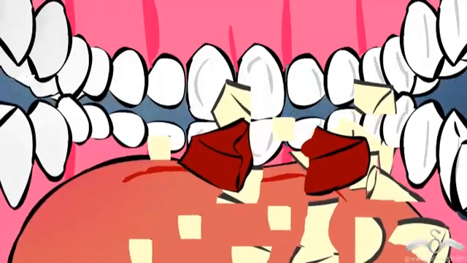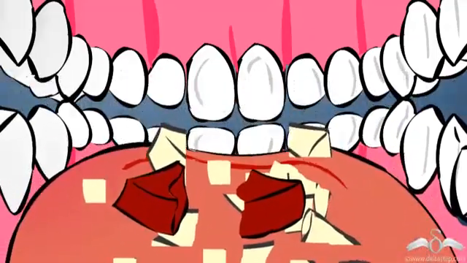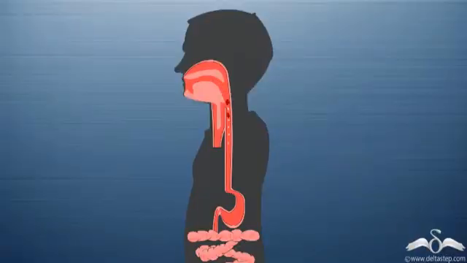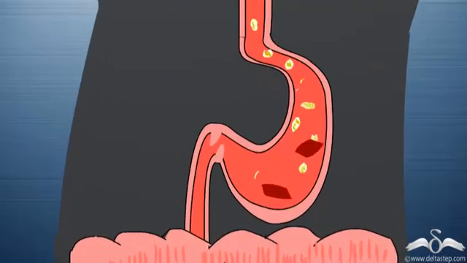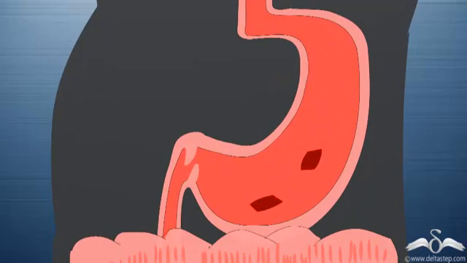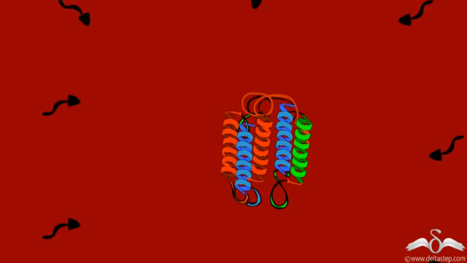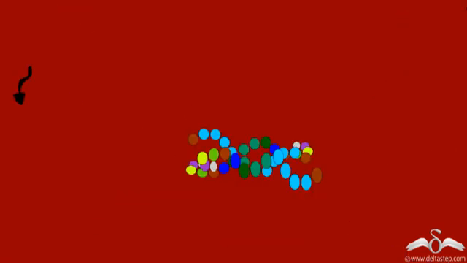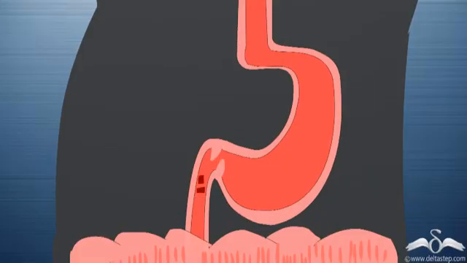So the undigested meat or protein gets stored in the stomach, where it gets further digested. The pepsin acts on these proteins and breaks them down to polypeptides and further into peptides, and then they can move out of the stomach.